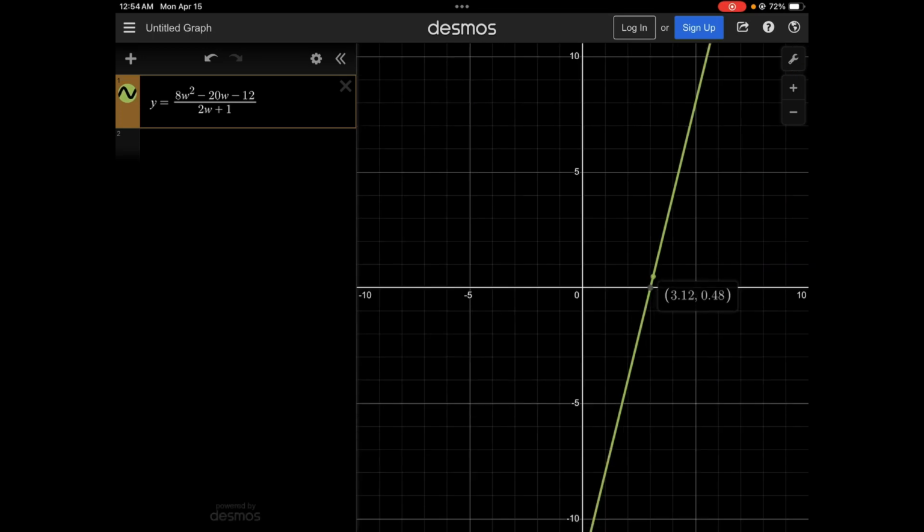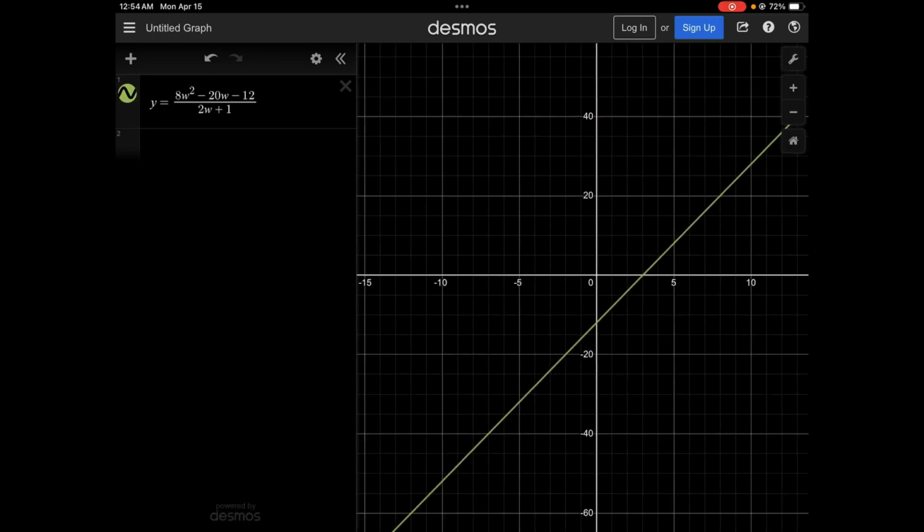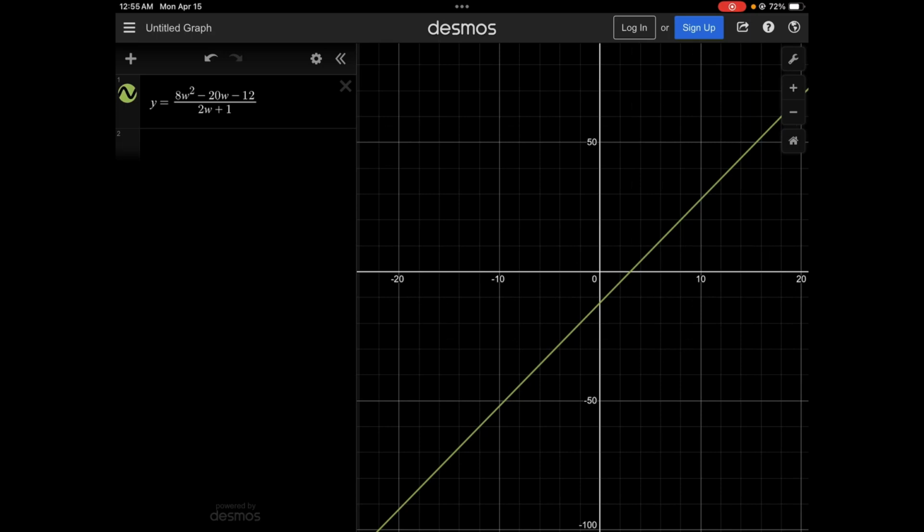And of course it's gonna give me a graph, and it's a line, because no matter if there's a square in the numerator, it's gonna simplify and it's gonna turn out that it's not a quadratic. If after you simplify there's no squared, so it's a line.